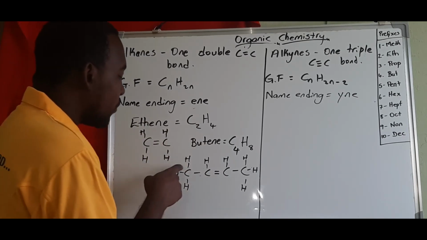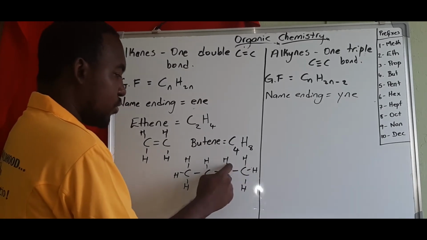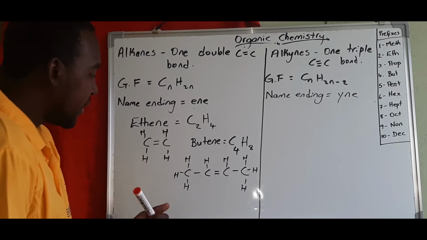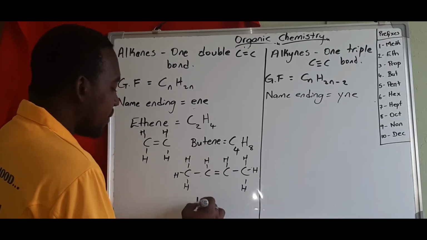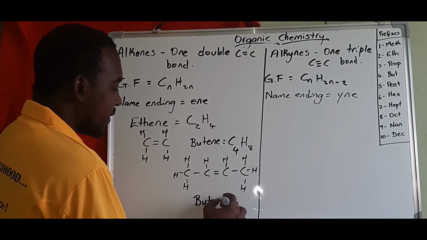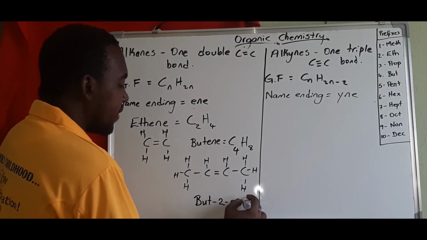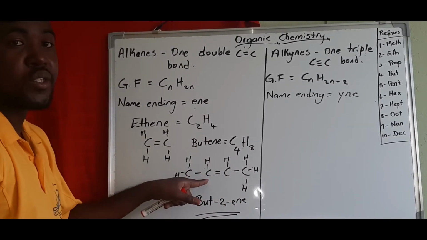So we count 1, 2, 3, 4, so it's on the second one. If we come from here, 1, 2, it's still on the second one. So we can be specific in the name: but-2-ene. This is a specific name of the structure.